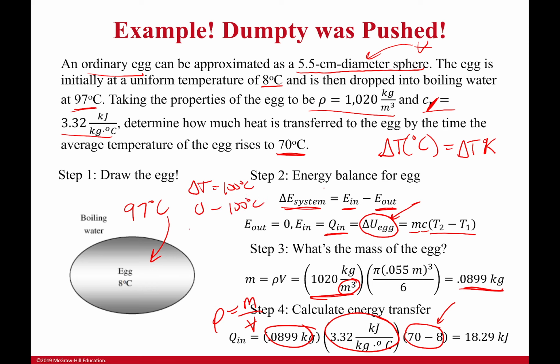And so 0 degrees Celsius is 273 Kelvin. 100 degrees Celsius is 373 Kelvin. So now let's take the change in temperature in Kelvin. And that's going to be equal to 373 minus 273, which is simply equal to 100. It's the same exact value.